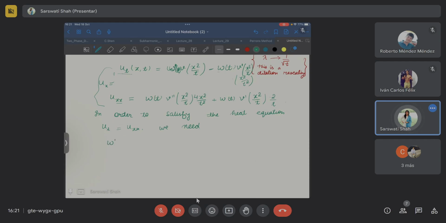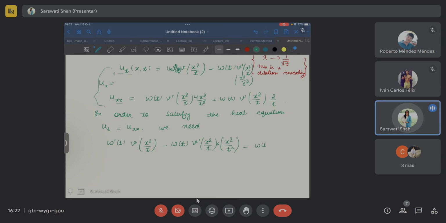So w'(t) v(x²/t) minus w(t) v'(x²/t) multiplied by x² over t², and minus uxx.